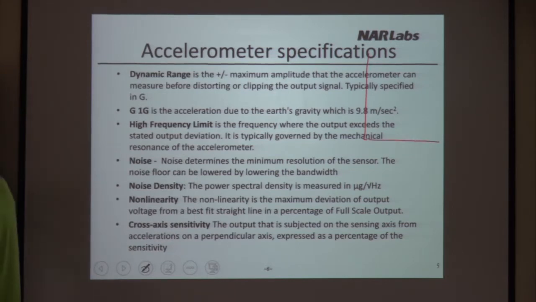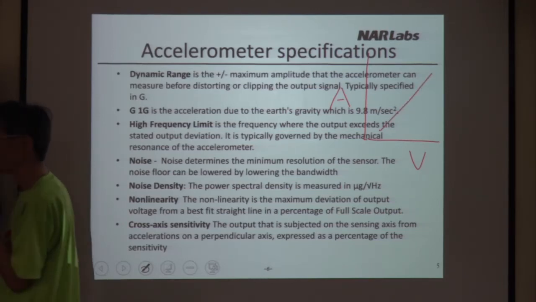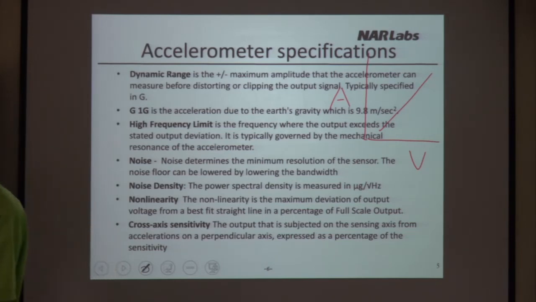Okay, you have voltage on the x coordinate and acceleration on the y coordinate. Usually, the perfect case is a linear relation, so we are happy. But in reality, if you do an experiment for your accelerometer, you input acceleration and you get voltage output.